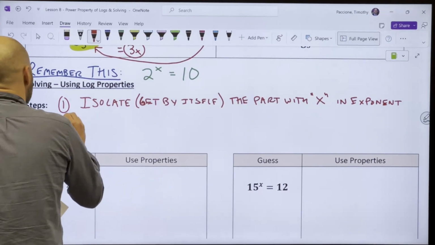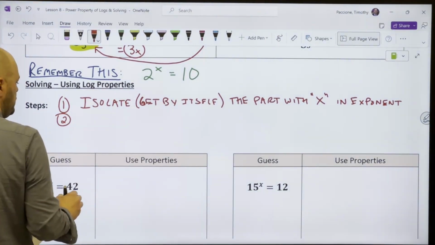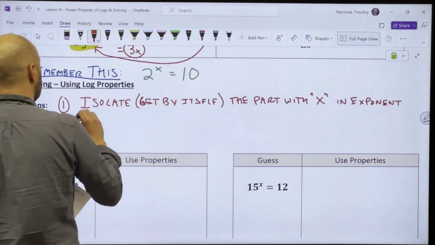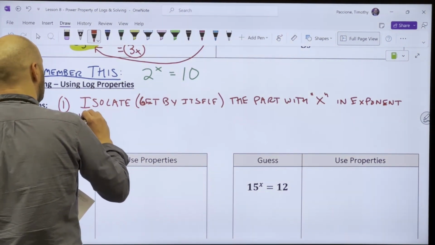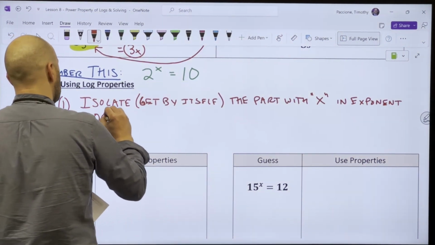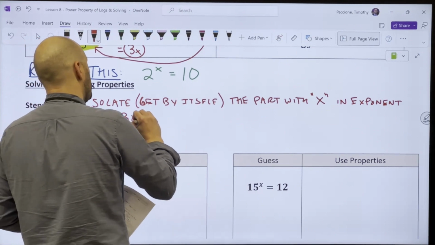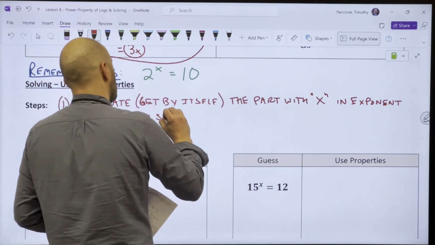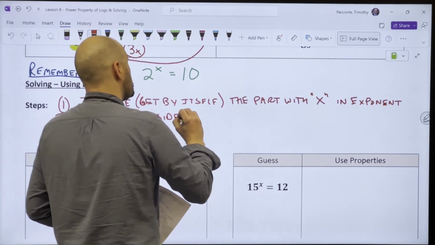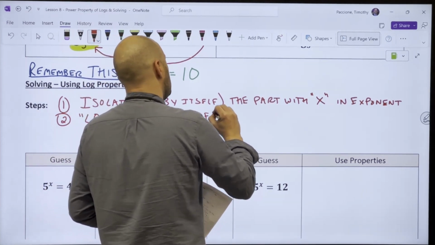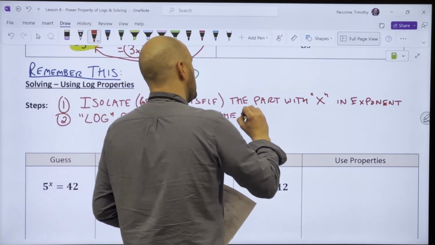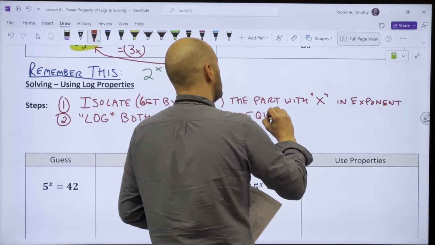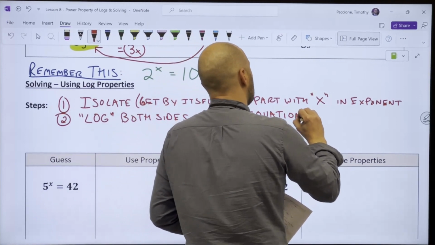Okay? Step 2. This is new. You will log both sides of the equation. So you know how when you're solving, you can multiply both sides, you can divide both sides, you can add, you can subtract, you can square root.